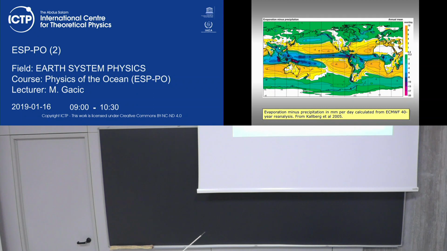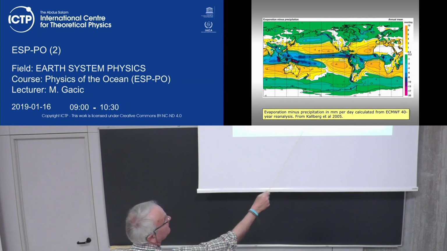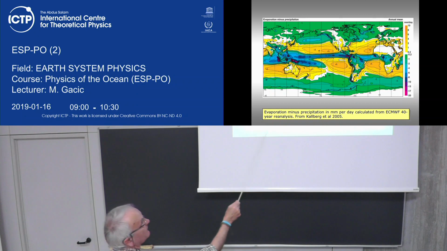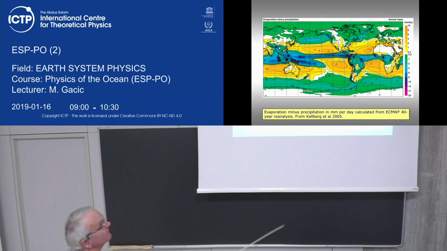And what we can see here is, first of all, around the equator the difference is negative, so it means the precipitation is larger than evaporation.